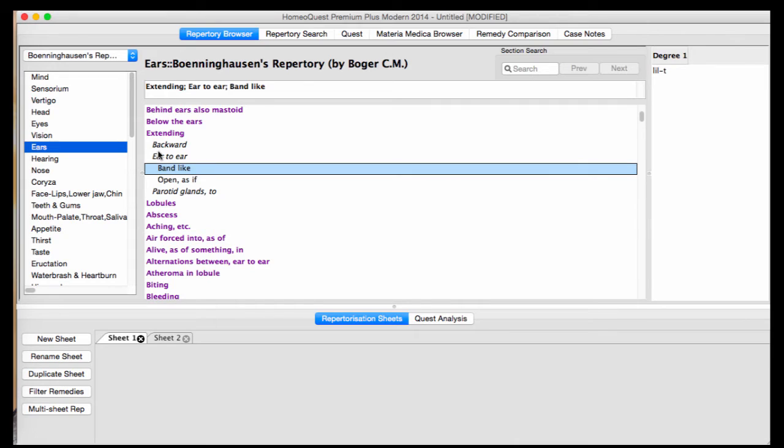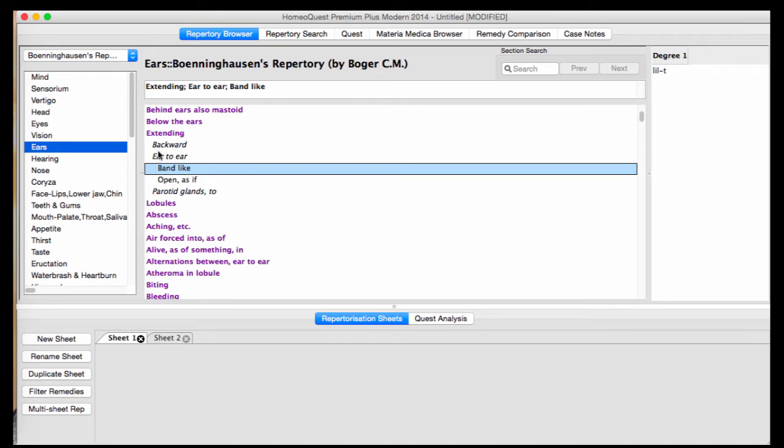Now, when we come to stage 3, these are those cases where you have a great balance of peculiar physical and mental generals and concomitants, where you find that connection between mind and body. And that's so important. This is a big stage, and repertorization is the heart and soul of this stage.